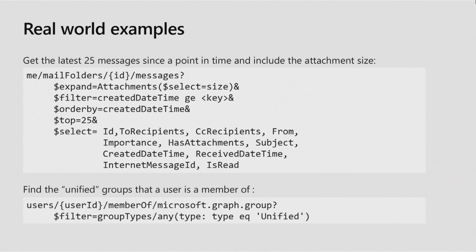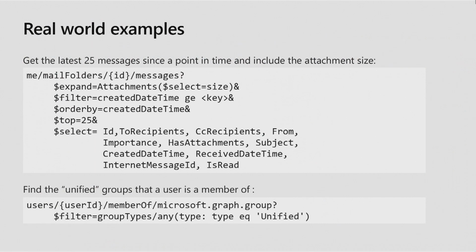And the lower query is interesting. It allows you to go and get a list of unified groups that a user is a member of. And you can see we're looking at users, a particular user, and finding the things that they are a member of. Well, member of brings back both groups and directory roles, but we're interested only in groups. So we use this Microsoft.graph.group type as kind of a filter to say only bring back objects of that type.